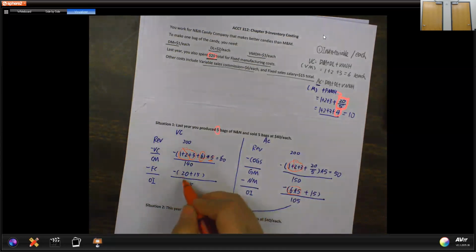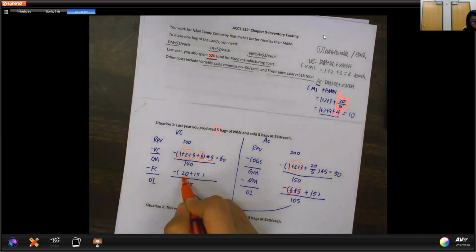You have $20 as your fixed manufacturing cost, but under the variable costing method you expense all of it because fixed manufacturing cost is a period cost. So you subtract the $20.